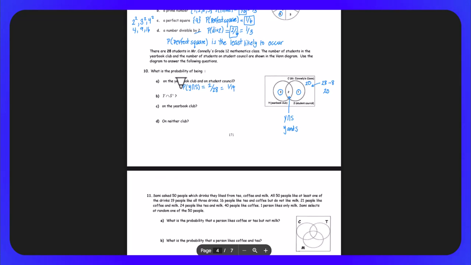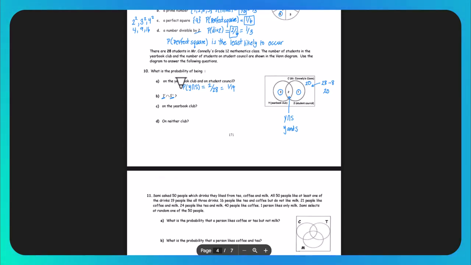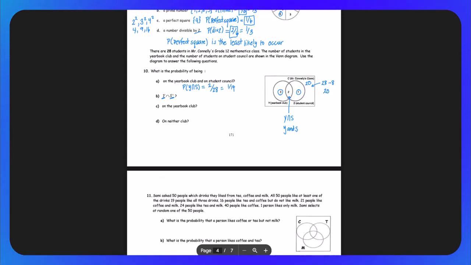The next, what is the probability of Y intersect with the complement of S? Well, let me just get my shading out.